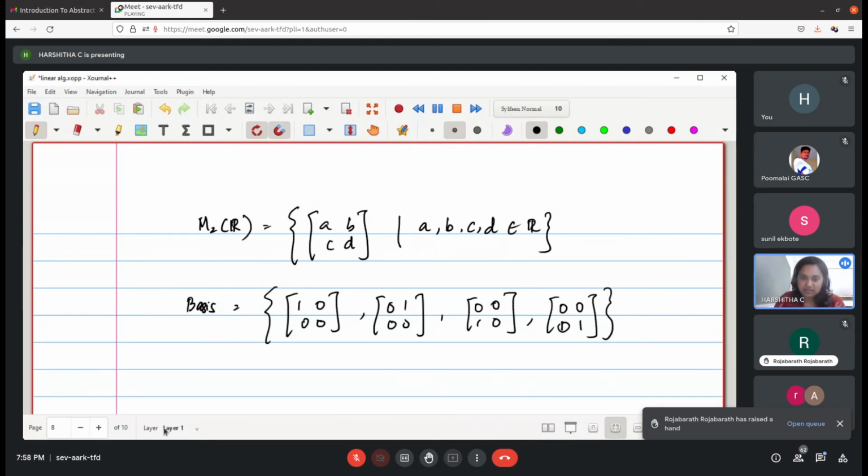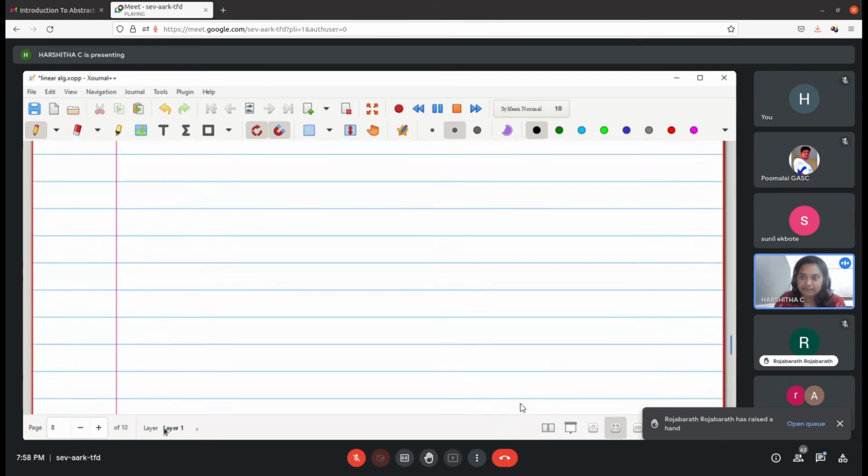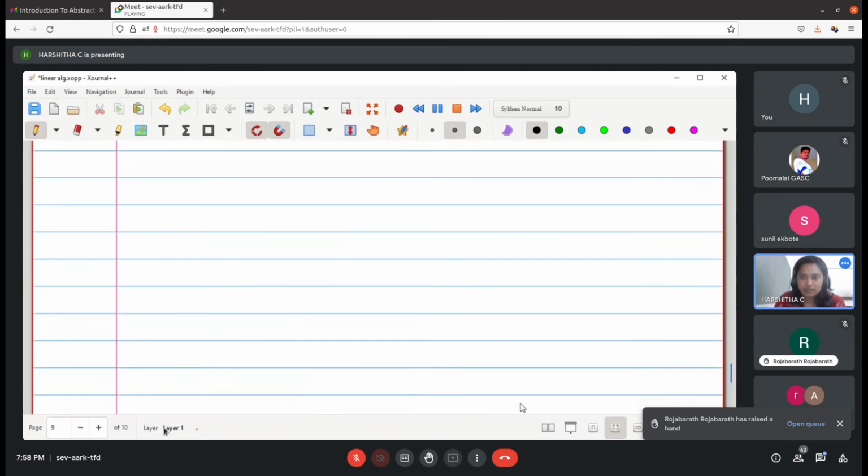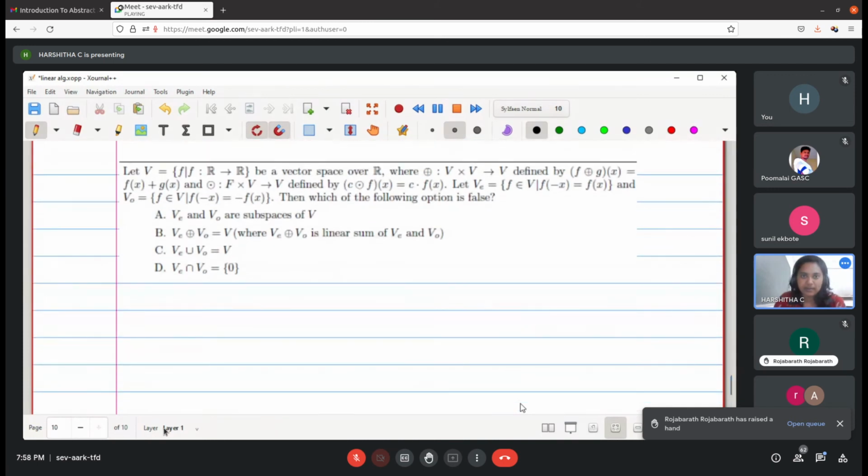Any more questions? Okay, we have some more time, so one last question. We are looking at the vector space V, the set of all functions from real numbers to real numbers, and we are defining addition.